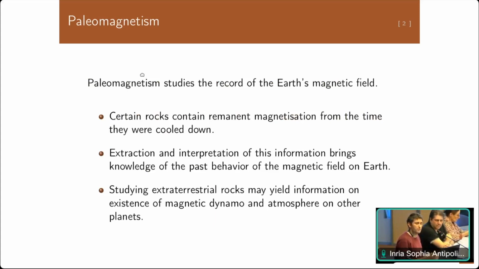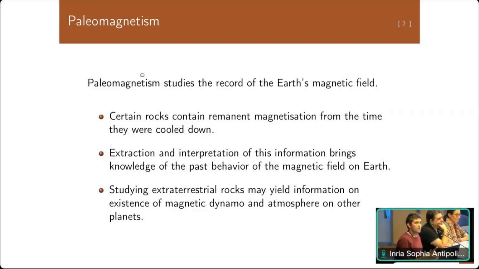They are rocks which come from, for example, lava, and as they were at high temperature, ferromagnetic particles in those rocks were aligning along the exterior magnetic field, and as they were cooling down, this orientation stayed frozen there.